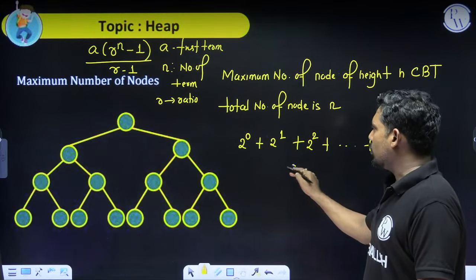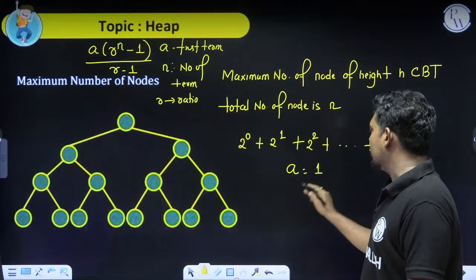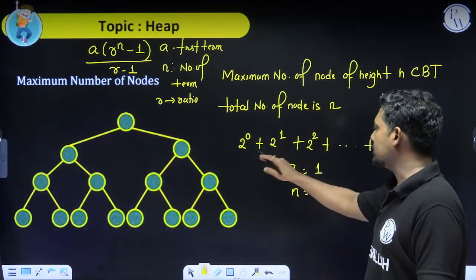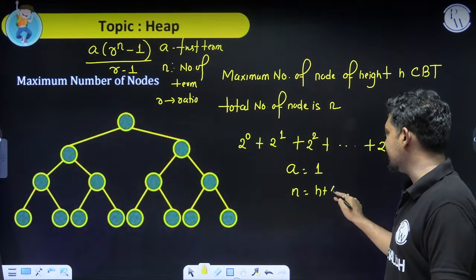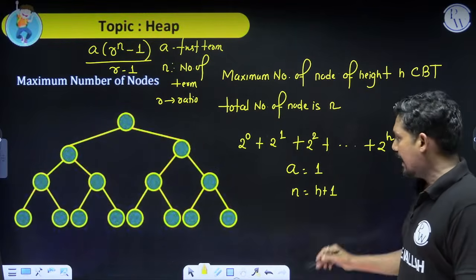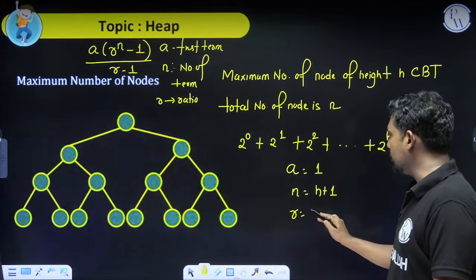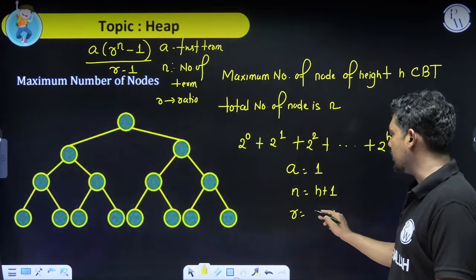What is a? a is equal to 1. What is n? The number of terms is 0 to h, so don't forget, it is h plus 1. And r is the ratio between 2 to the power 1 and 1, which is 2.